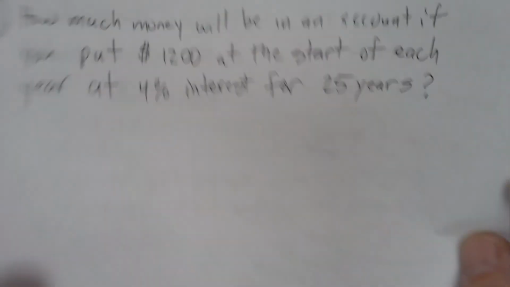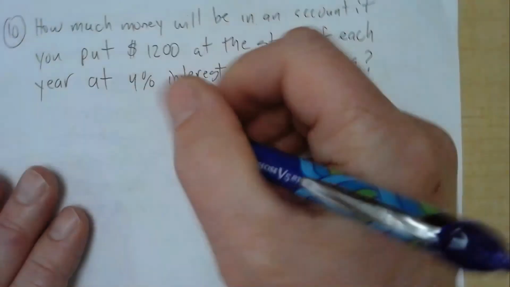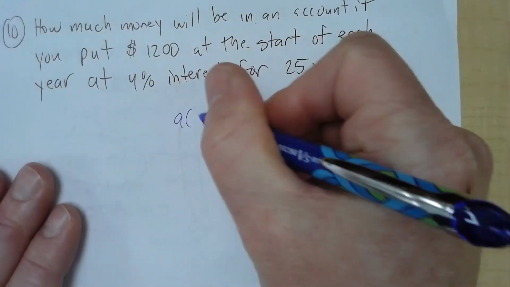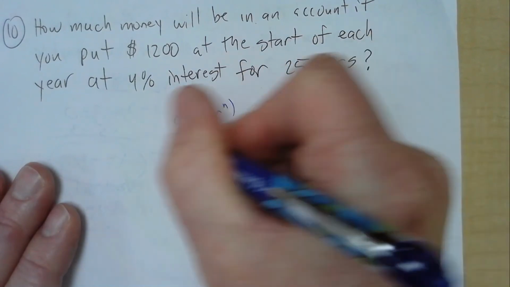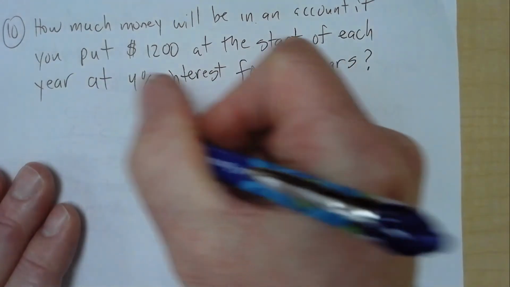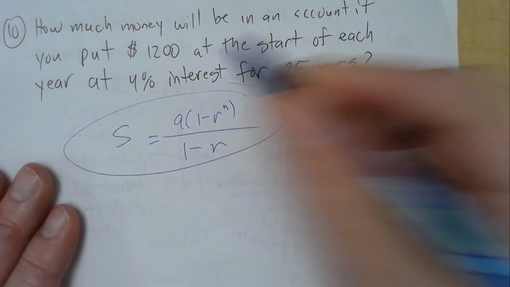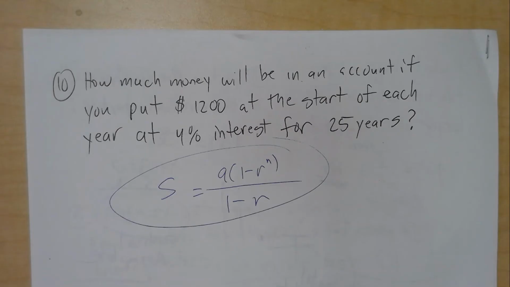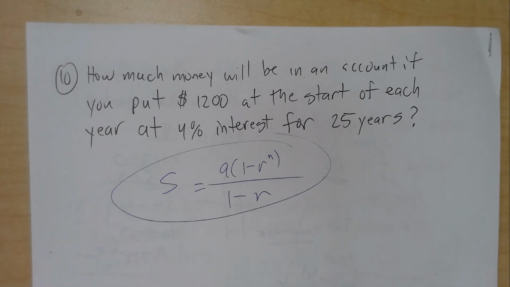Okay, the last question involves the formula that we learned at the end of the unit. And it is a times 1 minus r to the n power over 1 minus r, and that's the sum of a geometric series.